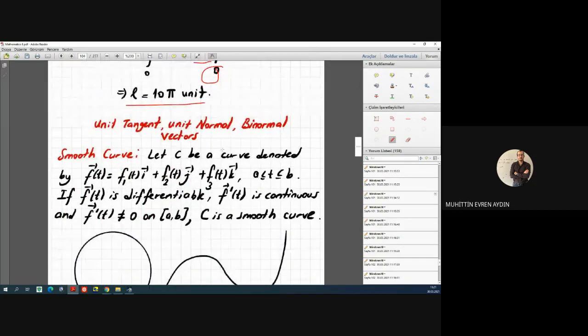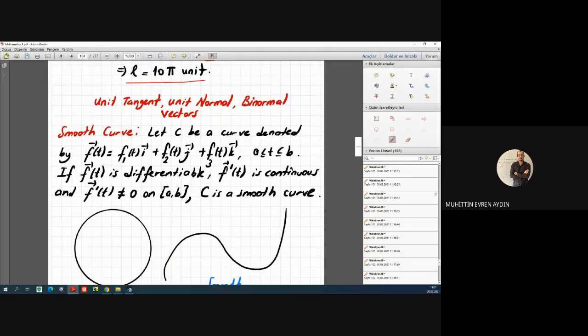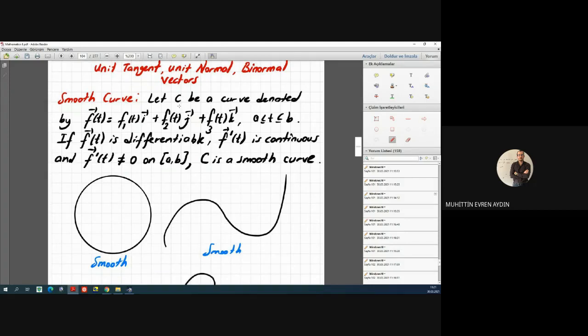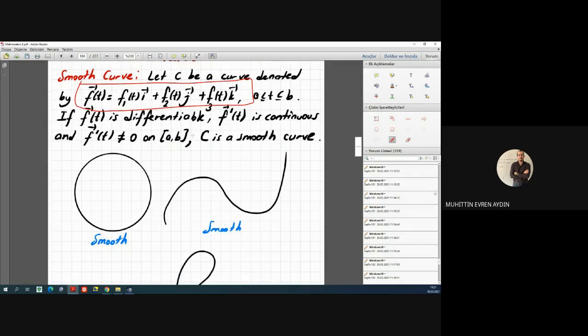And we have some geometrical objects on curves, defined by the derivatives of a vector valued function. Let C be a curve parameterized by this vector valued function.